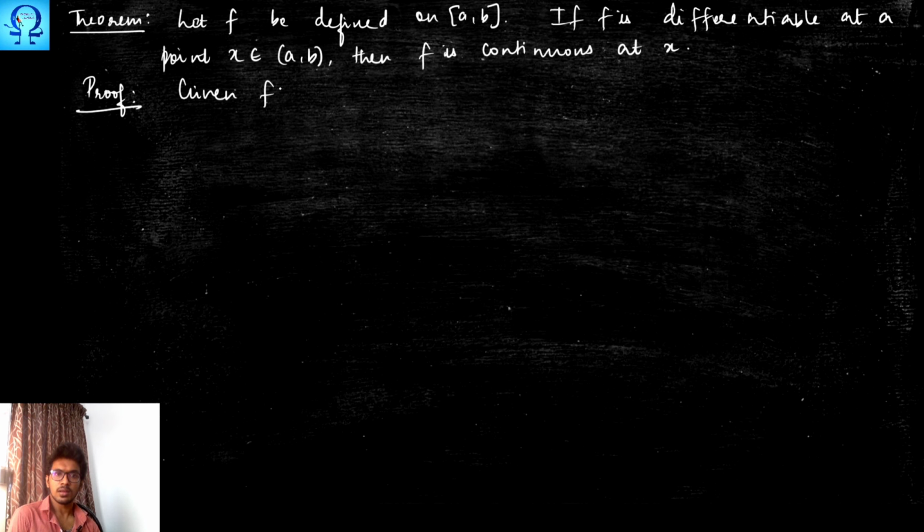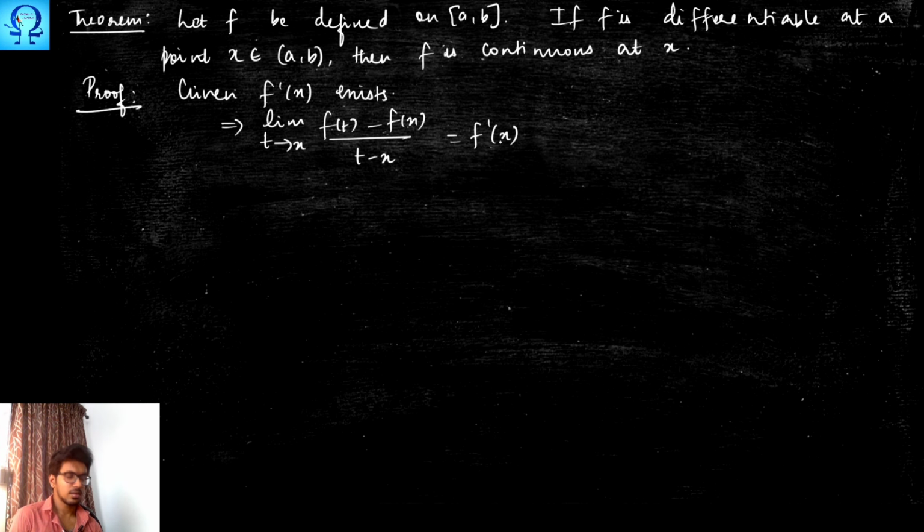Given f prime of x exists, right? It is given that f is differentiable at the point x. This means the limit as t approaches x of (f(t) minus f(x)) upon (t minus x) exists. This one exists means it is some finite quantity.